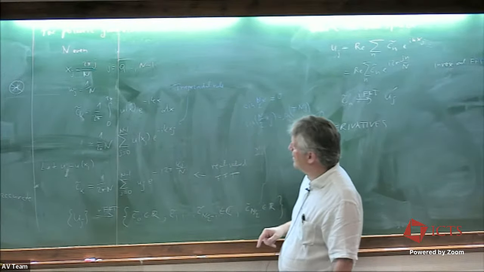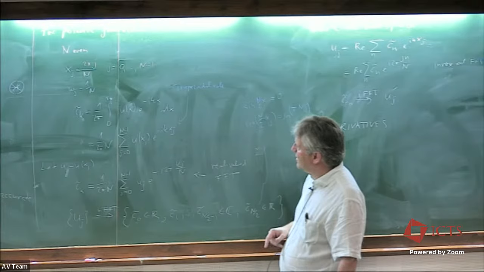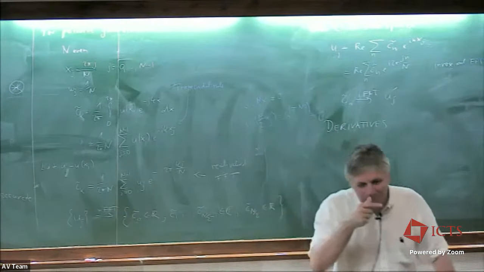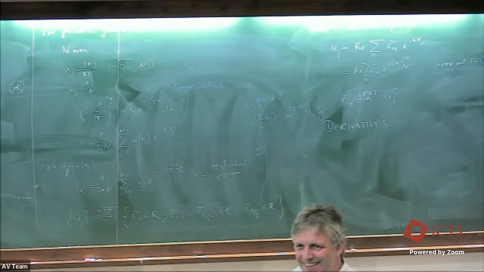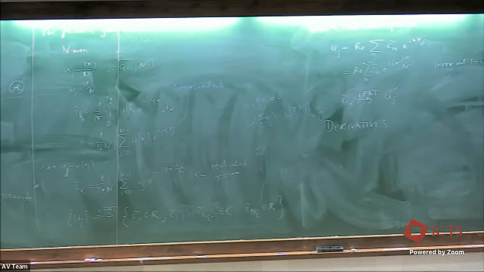Since your limit is from 0 to 2 pi, the normalization of 1 over 2 pi goes away.